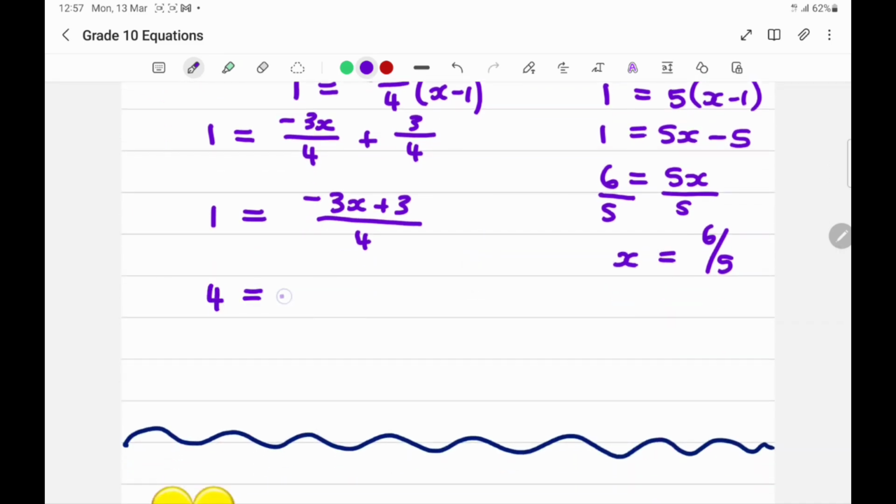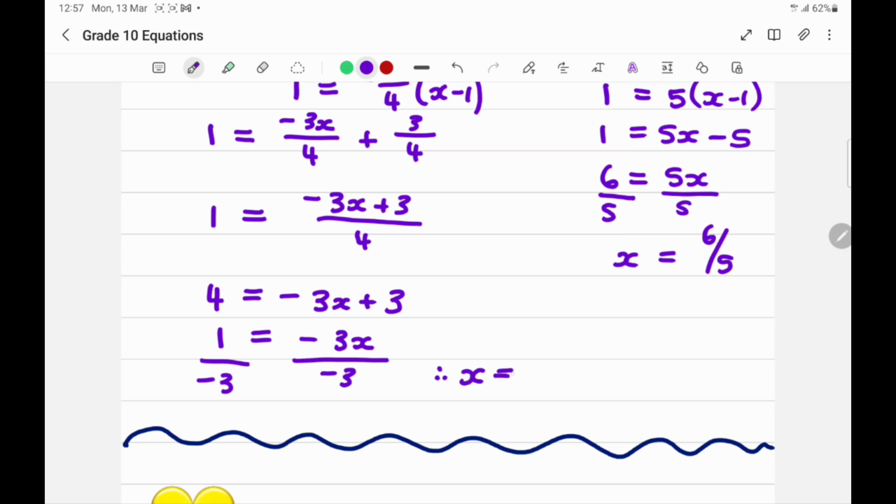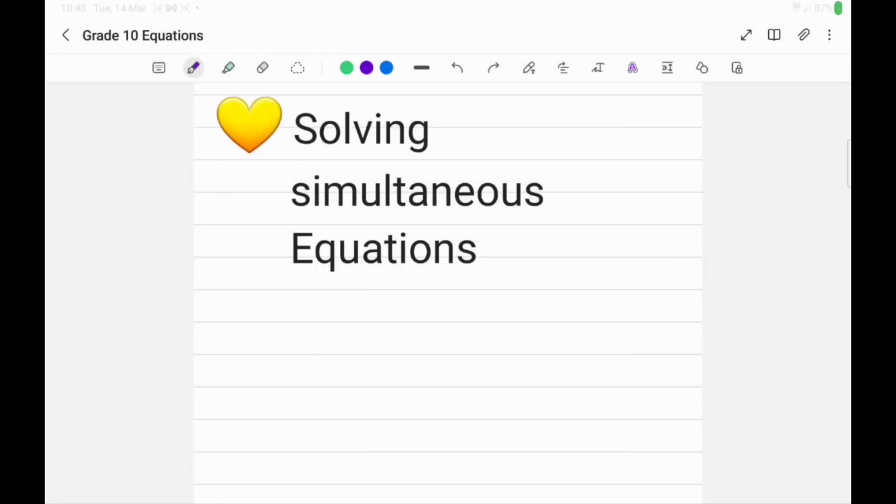So 4 is equal to negative 3x plus 3, minus 3, which gives you 1. Divide by negative 3, divide by negative 3, thus x is equal to negative 1/3. And there you go. Right, let's quickly have a look at solving simultaneous equations, or solving equations simultaneously.